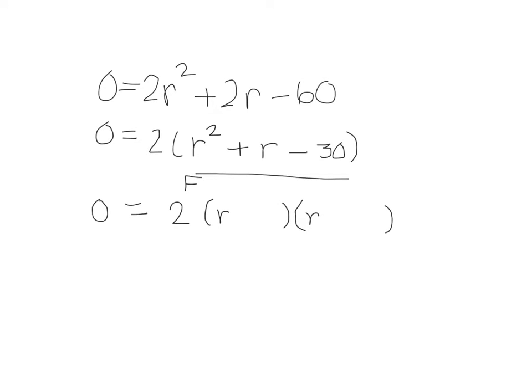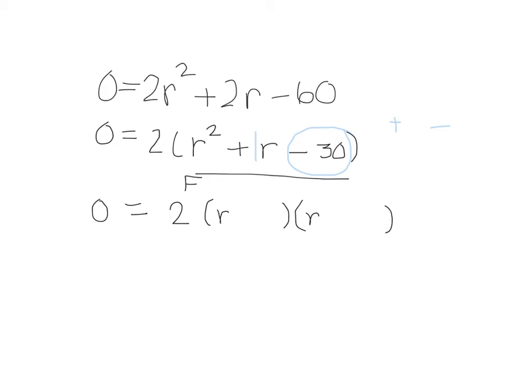Now we know that we need to find 2 numbers that when multiplied together equal negative 30. So again, that tells us one is going to be positive and the other is going to be negative. But when we add those 2 numbers, they add up to the coefficient of the middle term, which we know is a 1, because when you have a variable without a number in front, its coefficient is always 1.